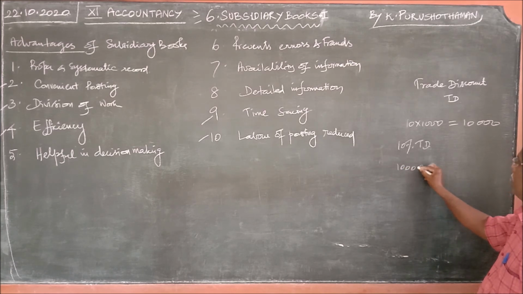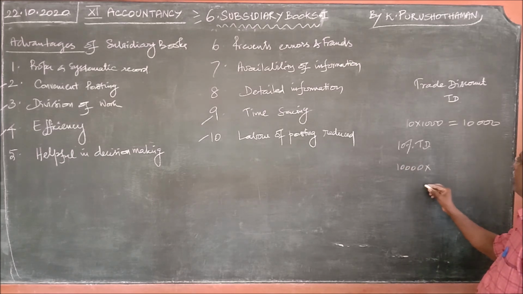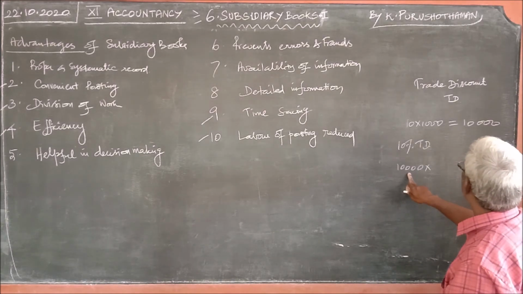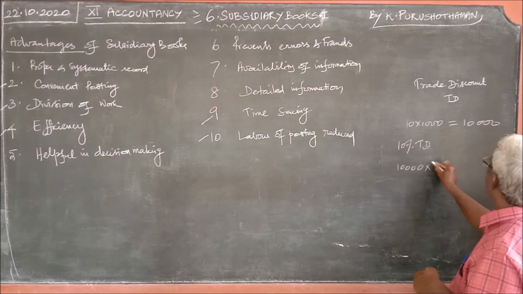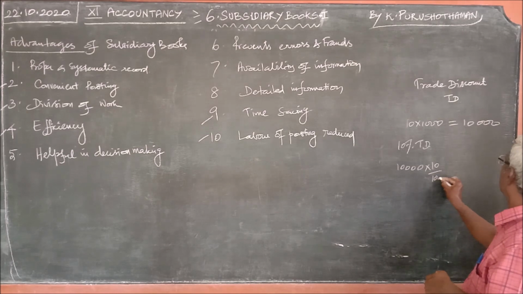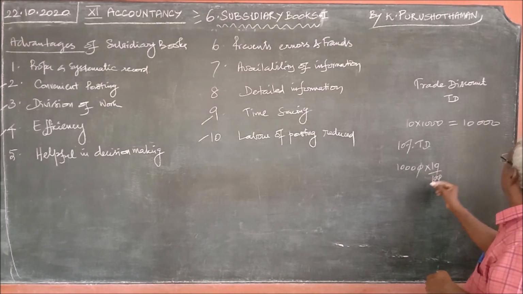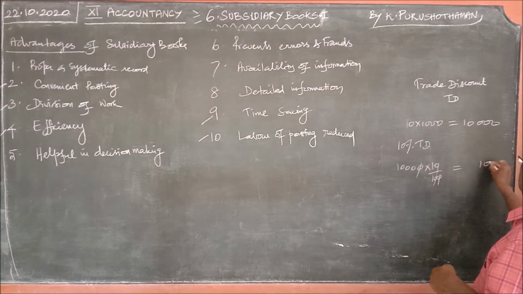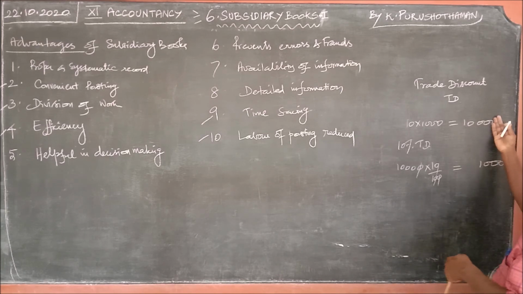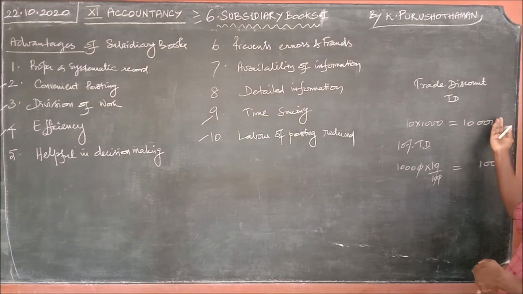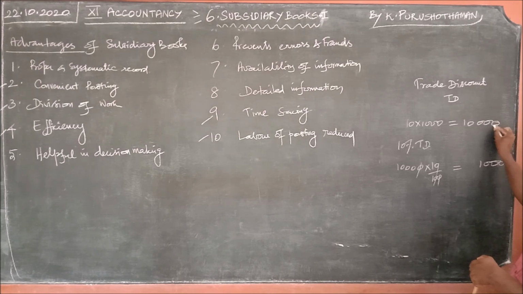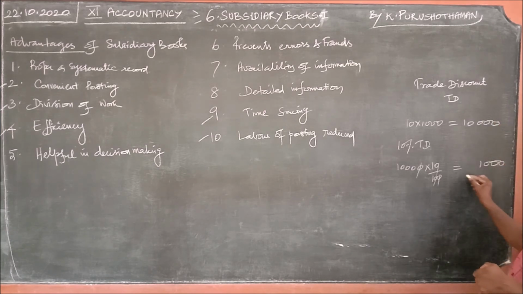It is 1,000. 10,000 into 10 by 100. If you simplify this, you will get 1,000. I told you, 10% of any amount we can calculate easily by leaving one zero from there. That is 1,000. So what is the amount to be paid?